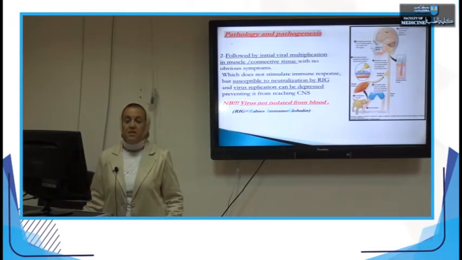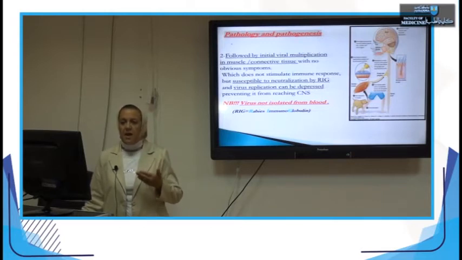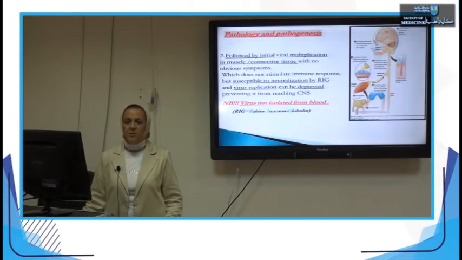At this stage, of course, no symptoms are obvious. The patient does not manifest any sign of the disease. The virus is still replicating to increase in number and allow it to be propagated in the body. The virus replicates in the muscle. This is the initial viral replication.